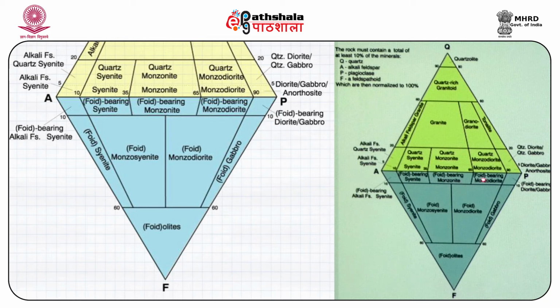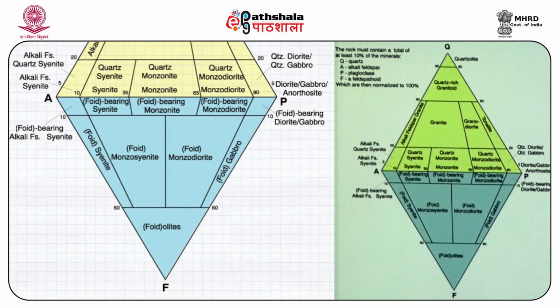These are another group of rocks which will not have any free silica, no quartz, but will have feldspathoid, alkali feldspar and plagioclase. So, these are two ends. The rocks can be divided into quartz-rich, also known as silica saturated rocks, and these are the silica undersaturated rocks.